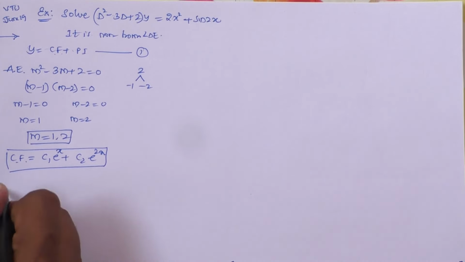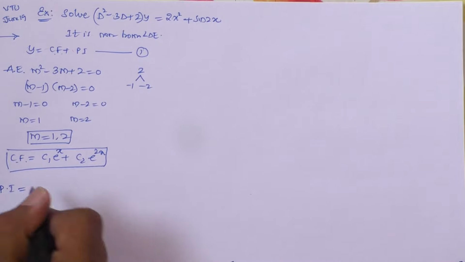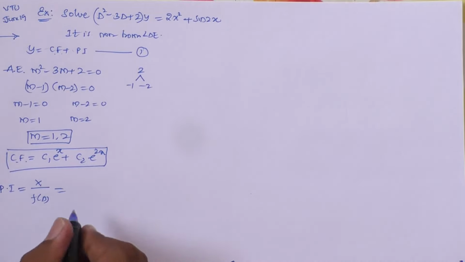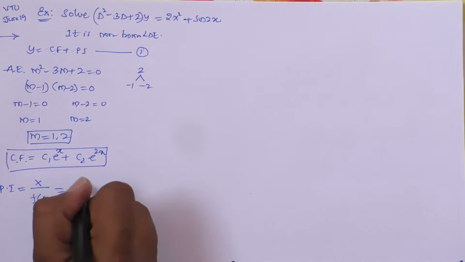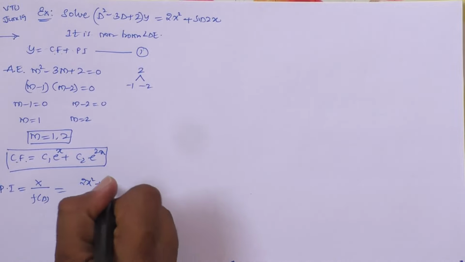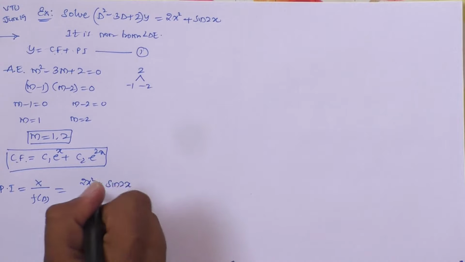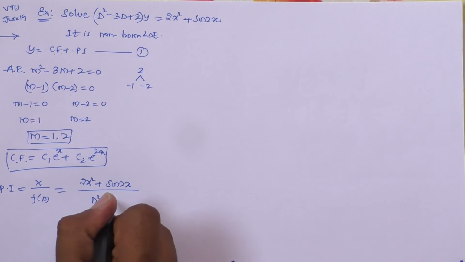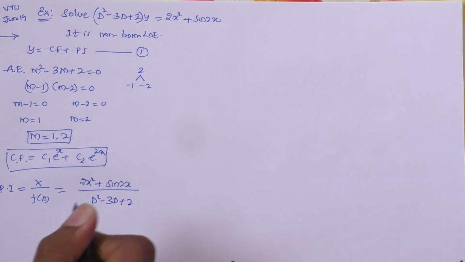Then you go for PI. So here we know PI is the x term divided by the d term. In this case the x term is 2x square minus sin 2x divided by the d term, which is d square minus 3d plus 2.